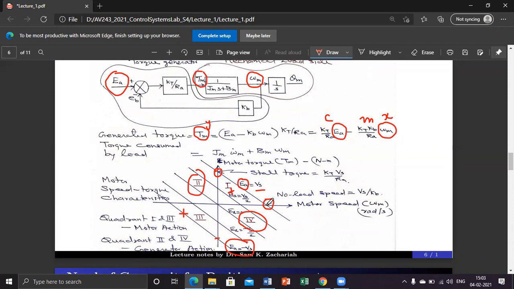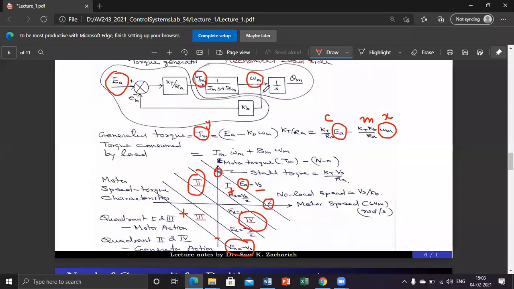That is the point here. It is known as no load speed. At this speed, the motor cannot support any load torque. That is the meaning. It cannot produce any load torque.